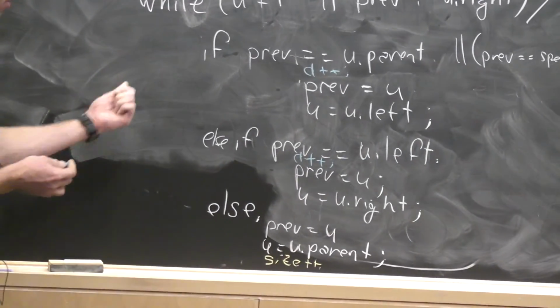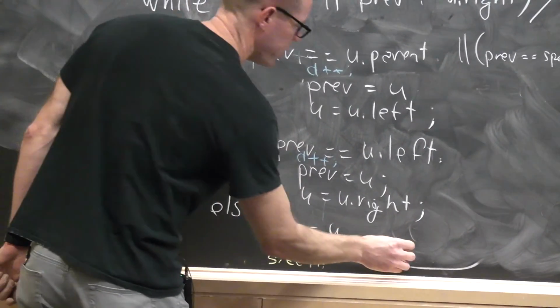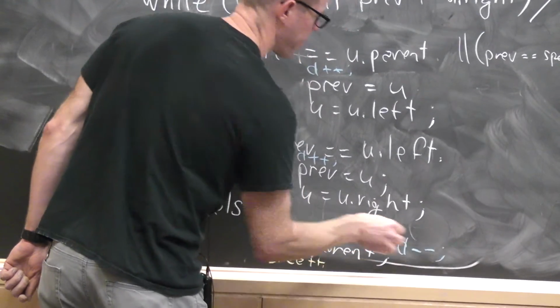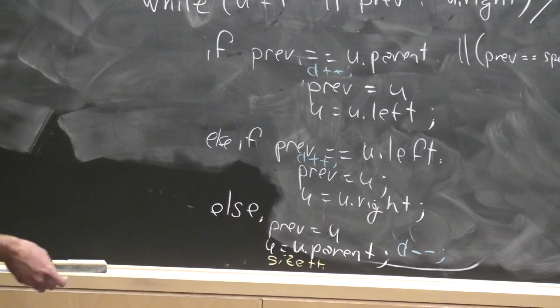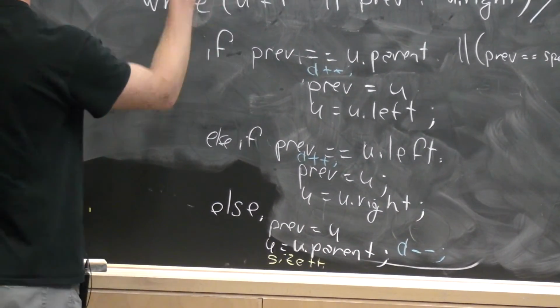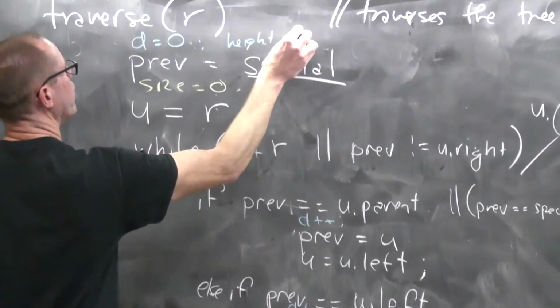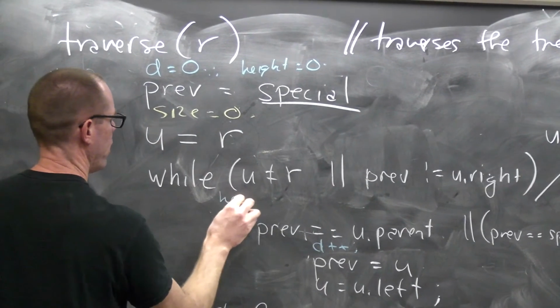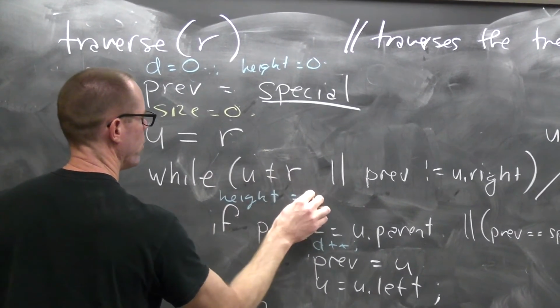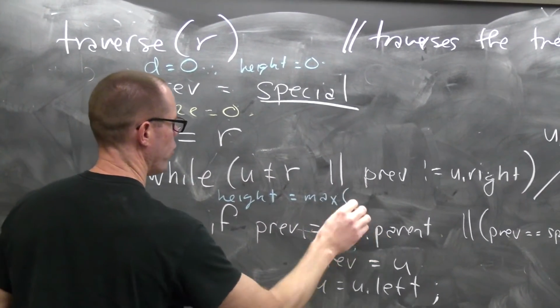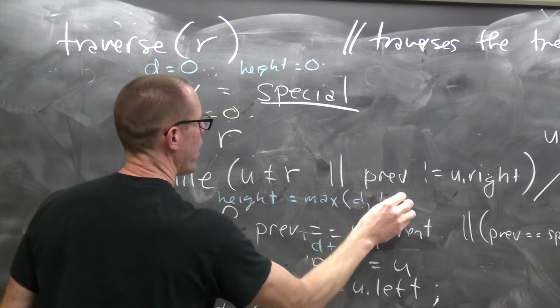And when we come up from the parent, we decrease the depth. And just outside of this, you would start with height equals 0, and say height is equal to the max of d and height.